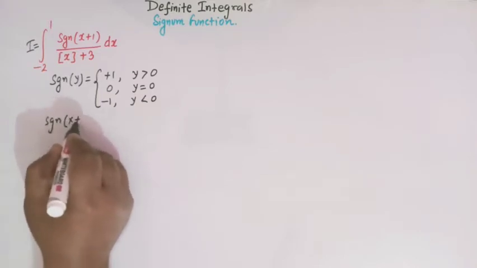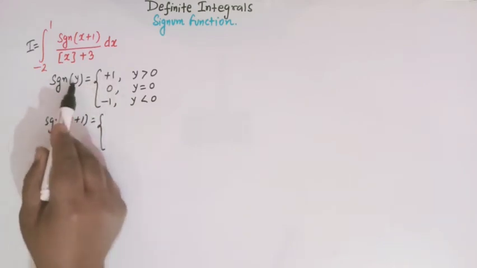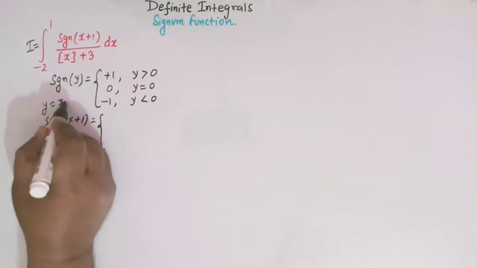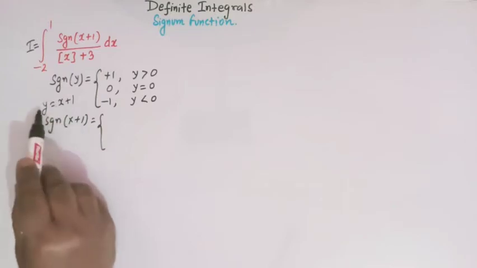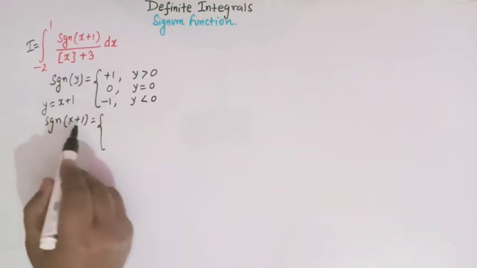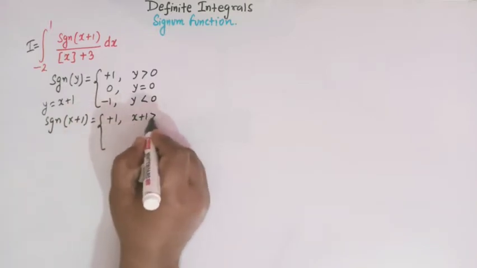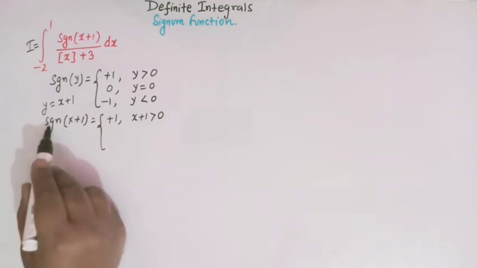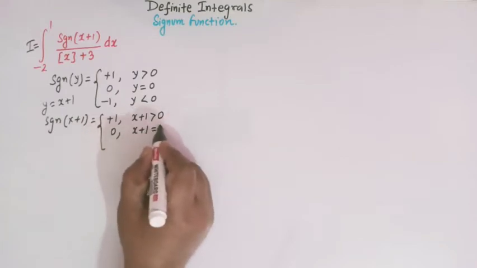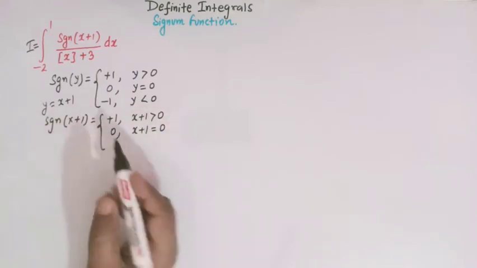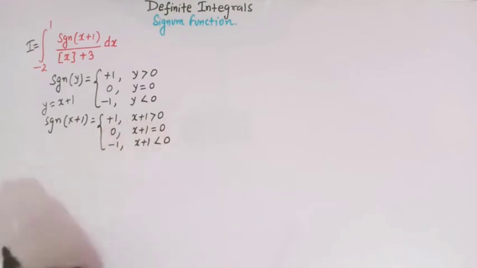So let us define signum of x plus 1 with the help of this definition. So here we can replace this y with x plus 1, right? So when we take y is equal to x plus 1, then signum of x plus 1 takes the value plus 1 whenever x plus 1 is greater than 0, right? And similarly signum of x plus 1 is equal to 0 whenever x plus 1 is equal to 0, and signum of x plus 1 is equal to minus 1 whenever x plus 1 is less than 0, right?